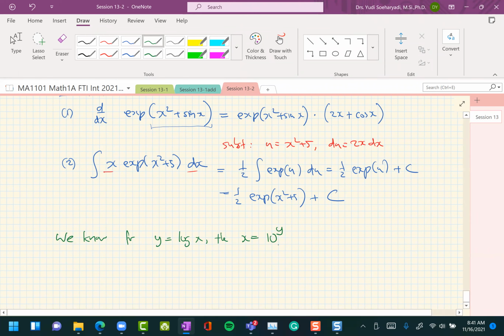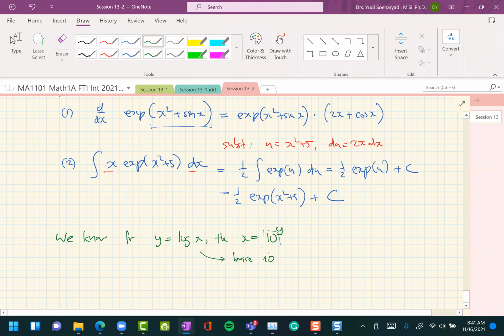So how to get the 10? This is base 10. Okay, how to get that 10?